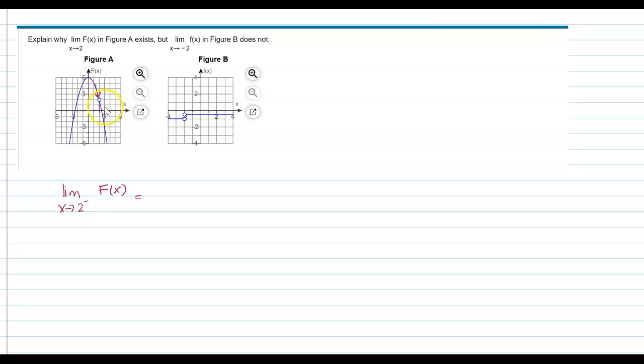That value is 2. And also, if you take the limit of that same function, f of x, as x approaches 2 from the right, let's look at the right side of 2.